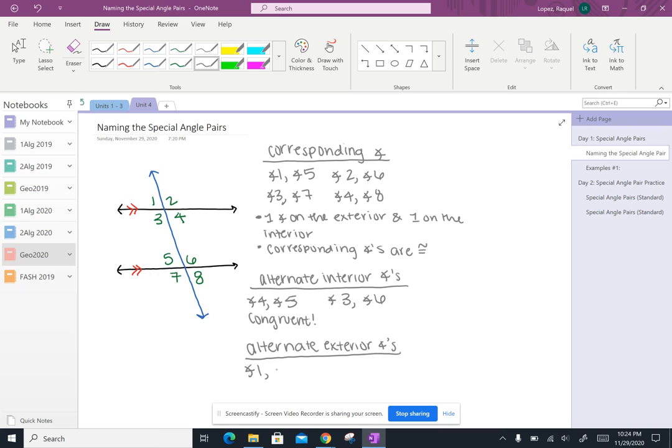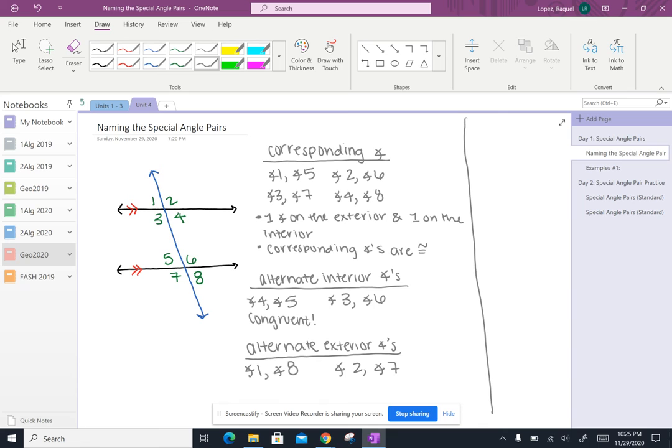So we've got a pair like angle 1 and angle 8. One is on the left and the other is on the right, and those angles are congruent to each other. And then the other pair of alternate exterior angles is angle 2 and angle 7. Okay, so corresponding, alternate interior and alternate exterior angles are all going to be congruent to each other.